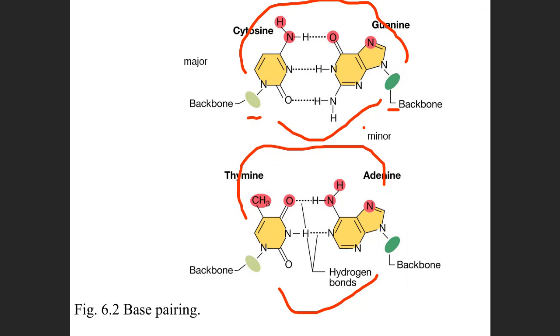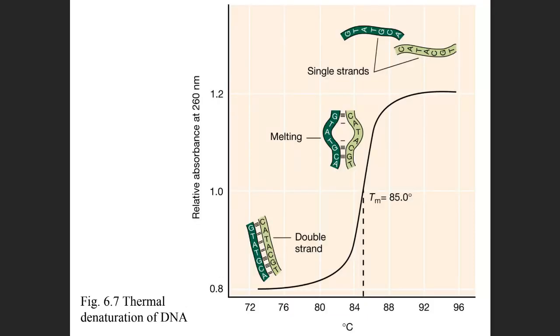If you have a piece of DNA and you heat it up, increasing the temperature, it gets hotter and hotter, and the DNA gets denatured. At 72, mostly not denatured, but when it gets here, it's all denatured.